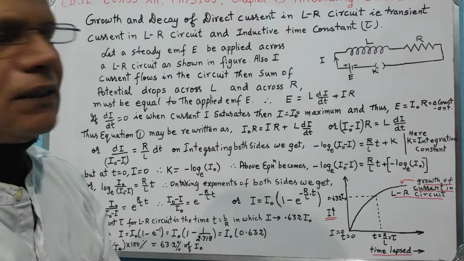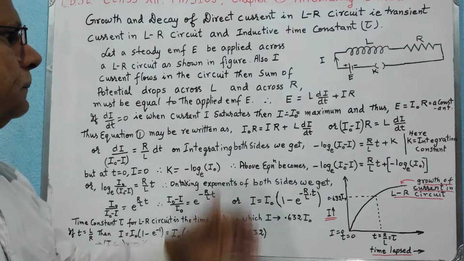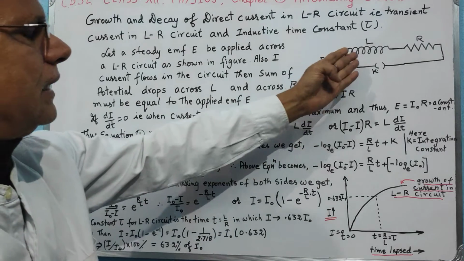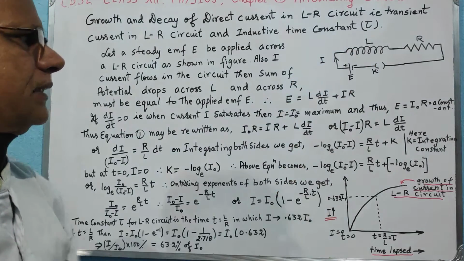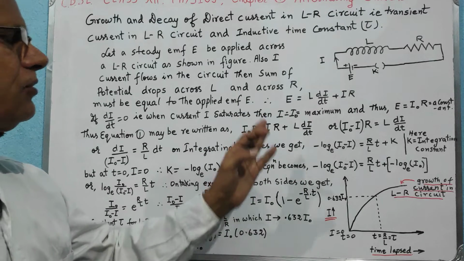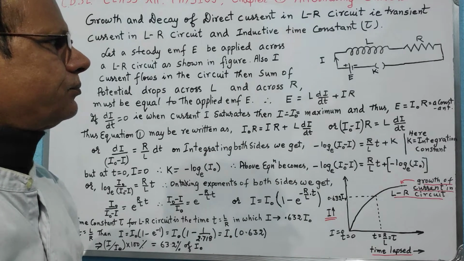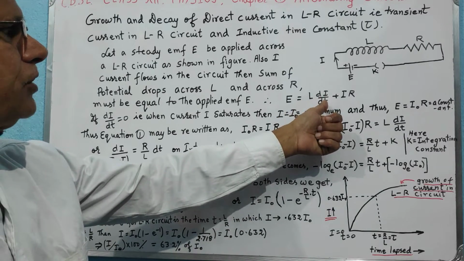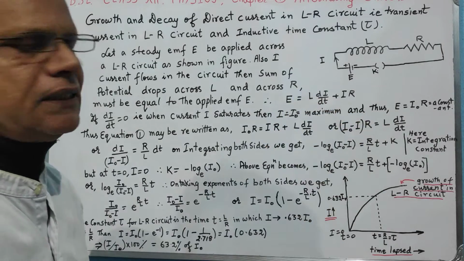We have learned it. And in a particular case, the current in the circuit saturates after some time, and once this saturation takes place, di by dt becomes 0, meaning there is no change in current.